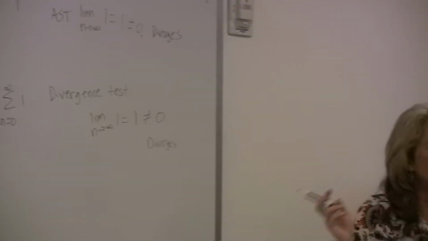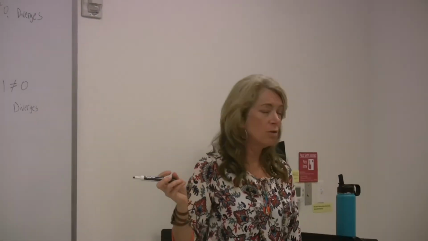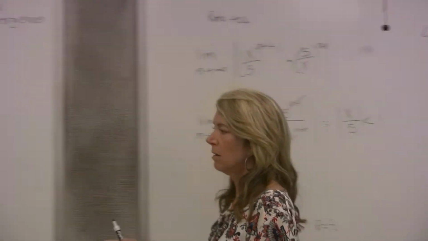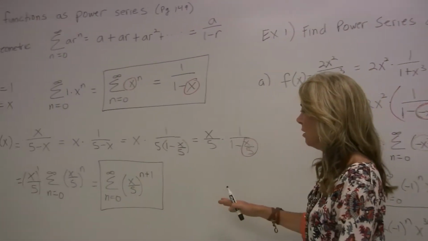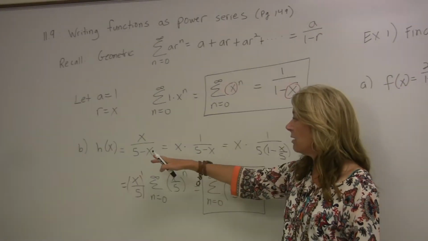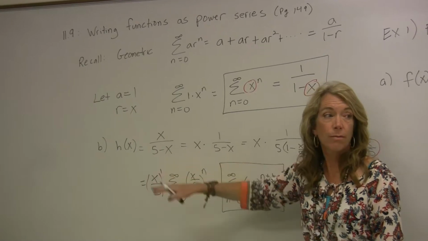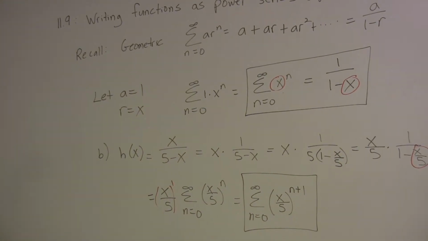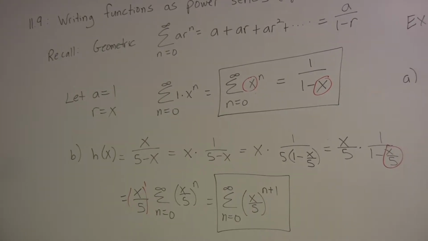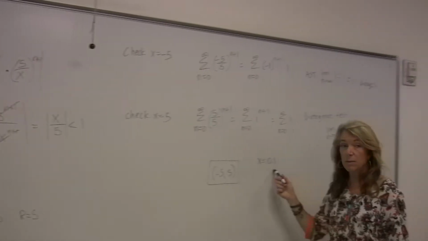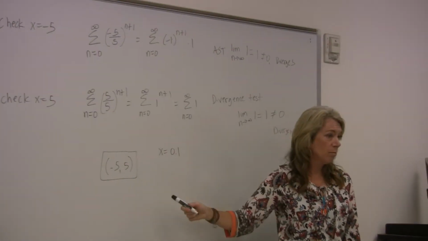So that tells me that if you pick any number in that range and plug it into this formula here, your answer, if you could add an infinite number of terms, is almost identical to plugging it into the original function. Let me give you an example. Let's show you for x equals 0.1. Just pick a number in this range.